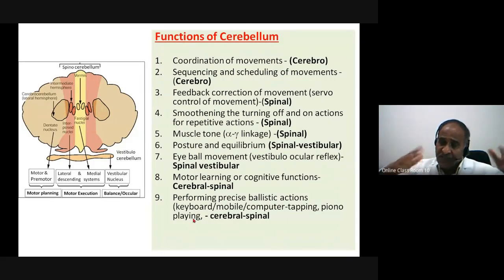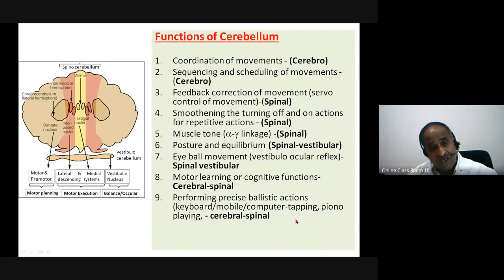He does it so wonderfully, and you can see the movements of his fingers on those two instruments. He does it precisely and produces the notes as required for a particular instance. So those are all ballistic motions.